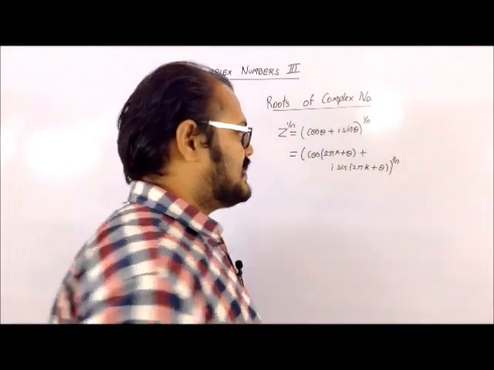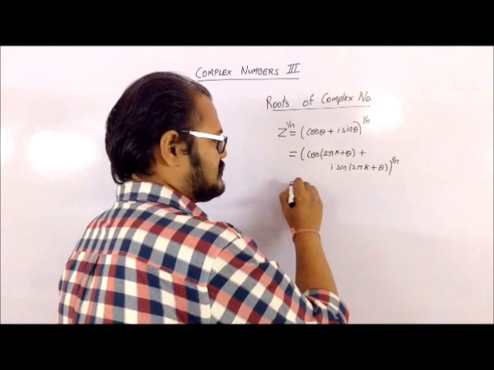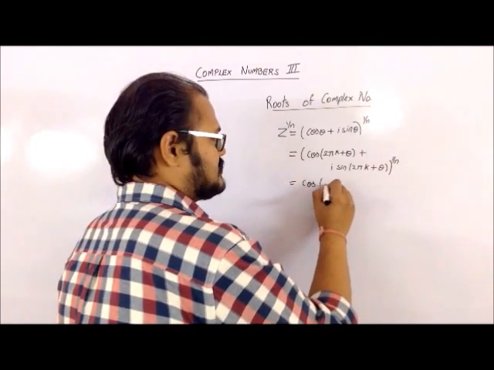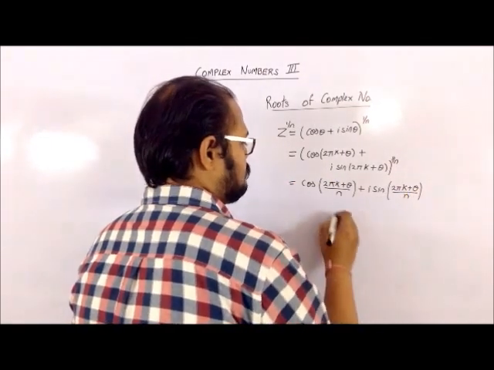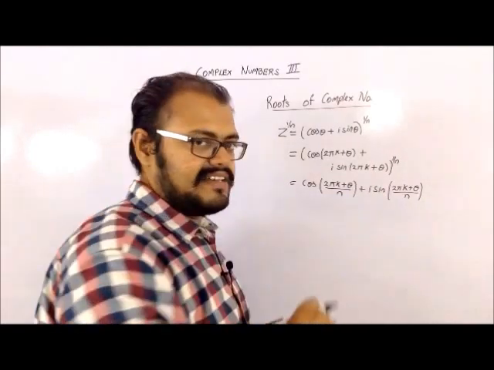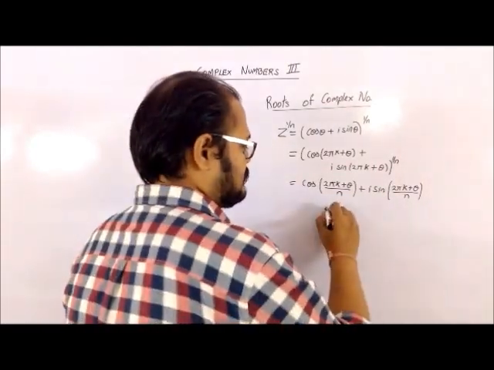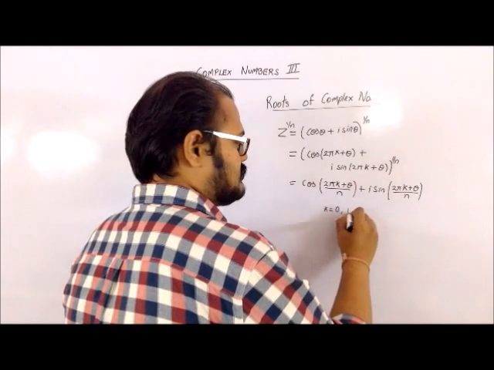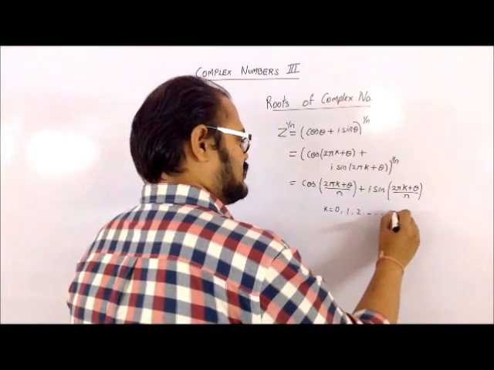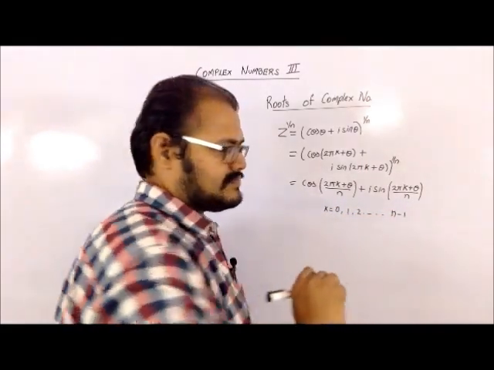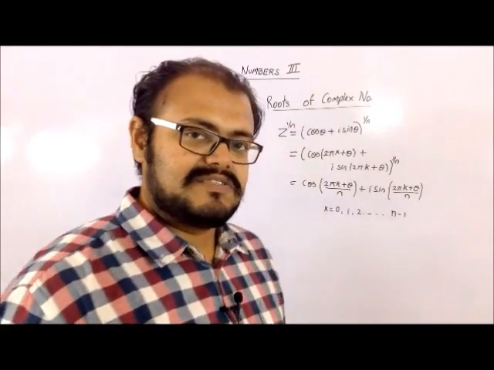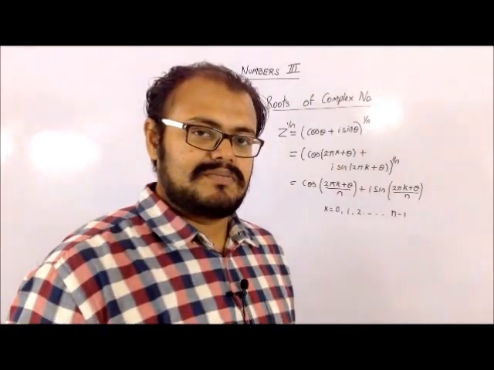After doing that, you can apply De Moivre's theorem. Over here the k values will start from 0, 1, 2 and so on till n minus 1. So from this you will get your n roots of a complex number.